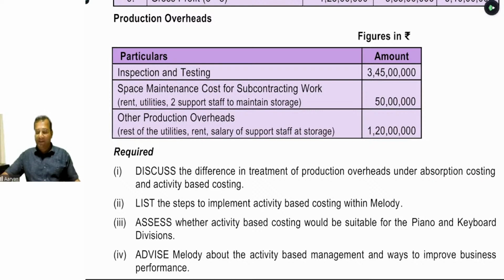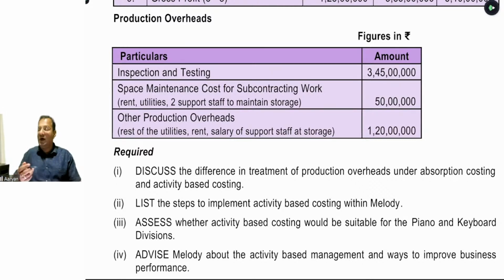The traditional method for recovery of overhead is also known as absorption method. Inverted comma में लिखिएगा absorption method.